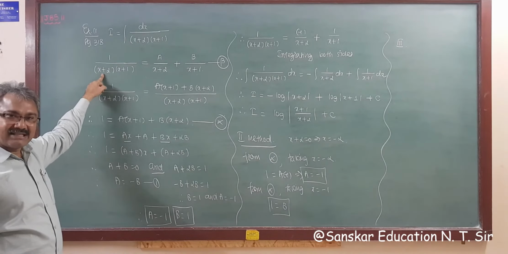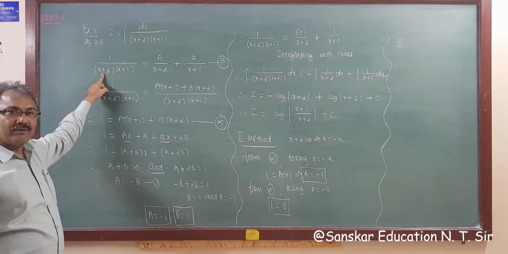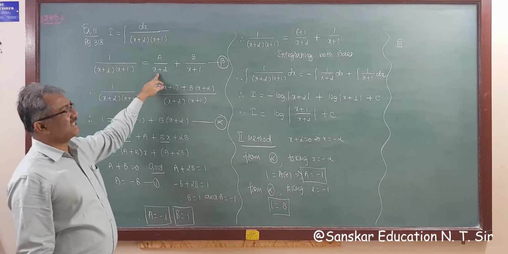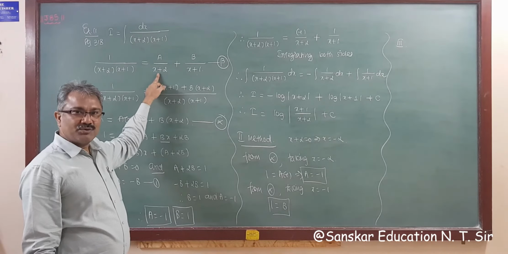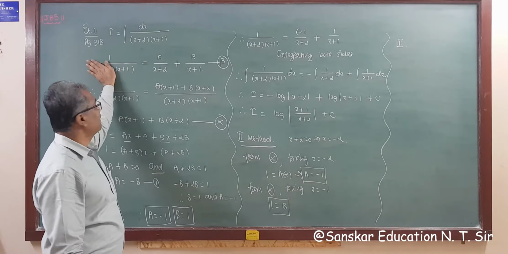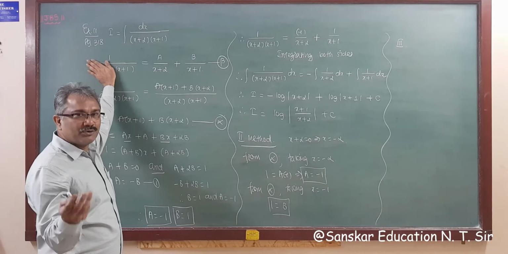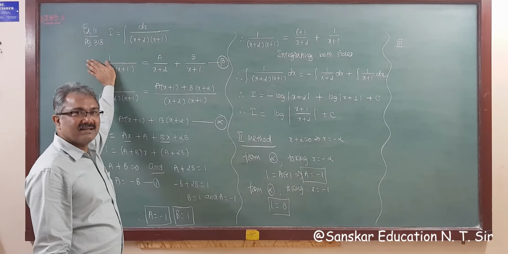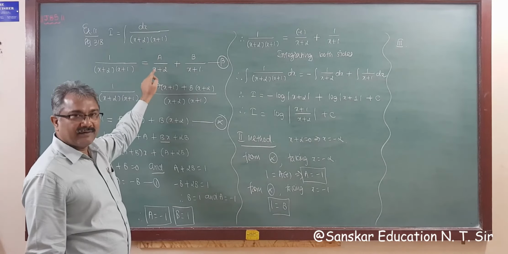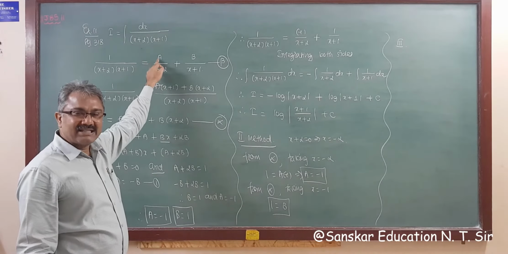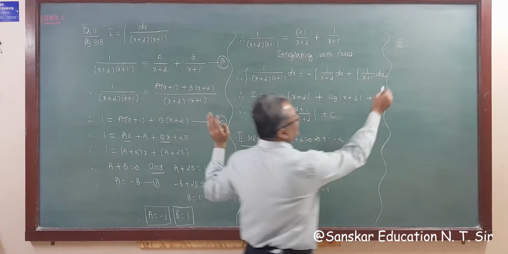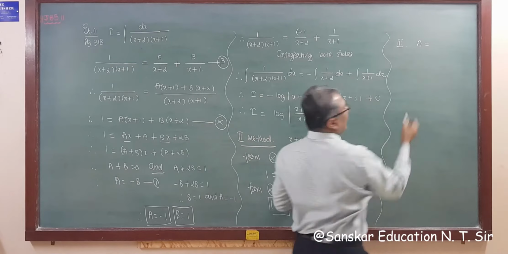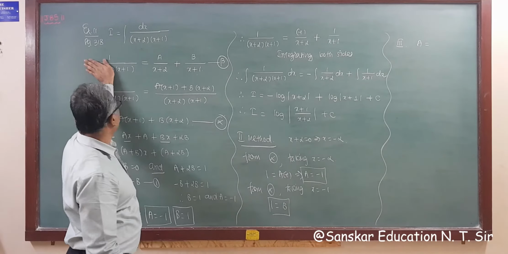So if you write this, what you have to do? First, x plus 2, that is x equal to minus 2. Remove this factor, the remaining is the value of a, because x plus 2 is in the denominator of a. So a is equal to, now write x is equal to minus 2 here, what do you get?